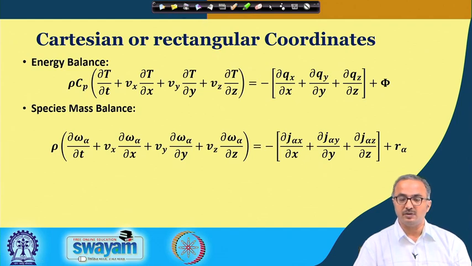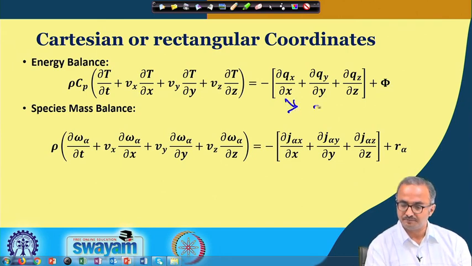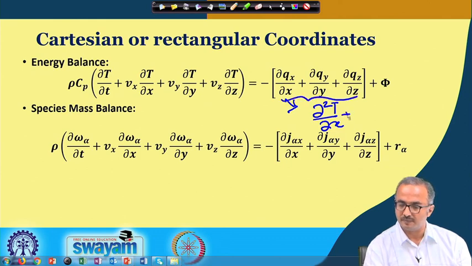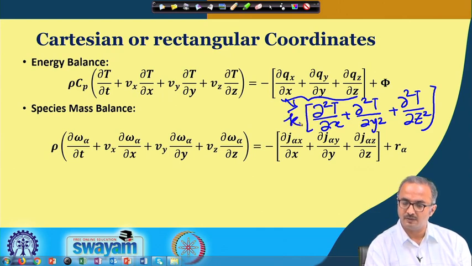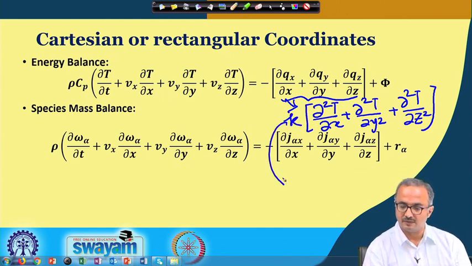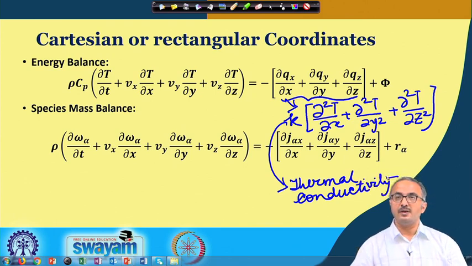If we assume that the thermal conductivity is constant, then in terms of temperature this will give rise to dou 2 T by dou y square plus dou 2 T by dou z square, with everything multiplied by the thermal conductivity. So, this is how we write it.